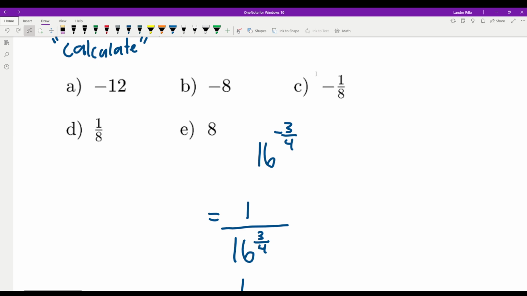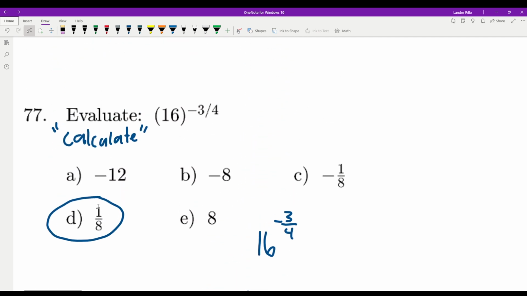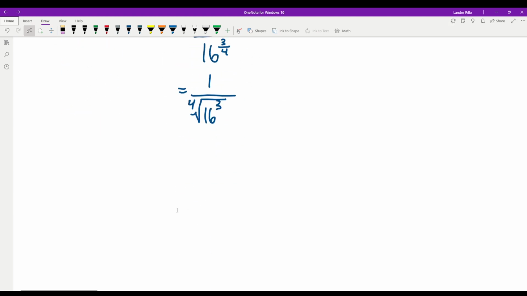It should be either a decimal or a whole number. But you should get 1 over 8. Let me double check on my own that this is correct. You should get 1 over 8. Yes, that's correct. 1 over 8. And that should be good.